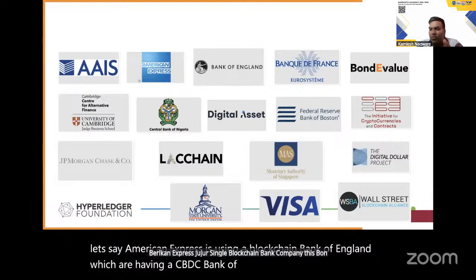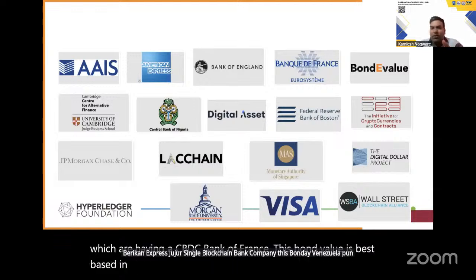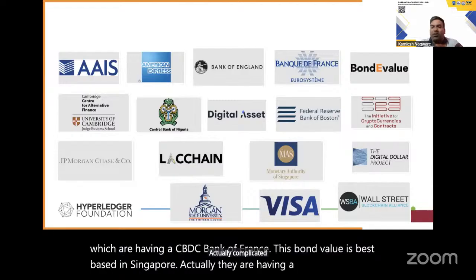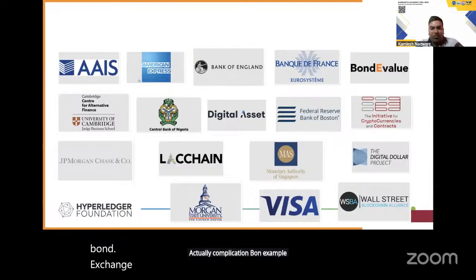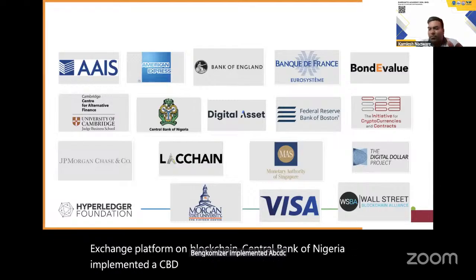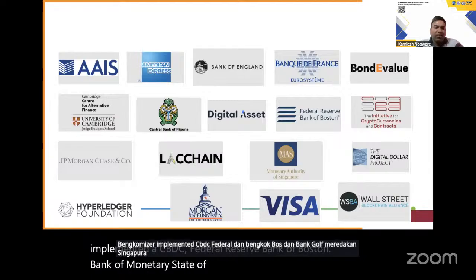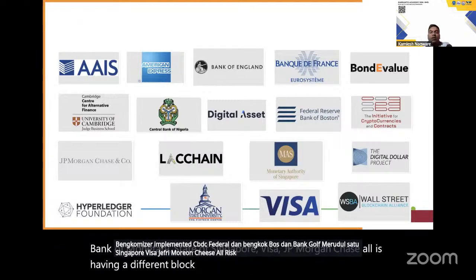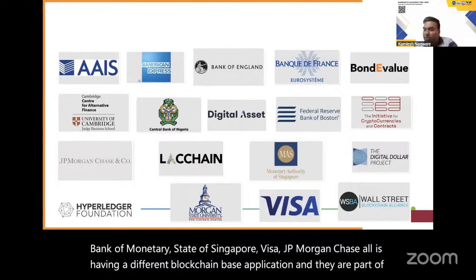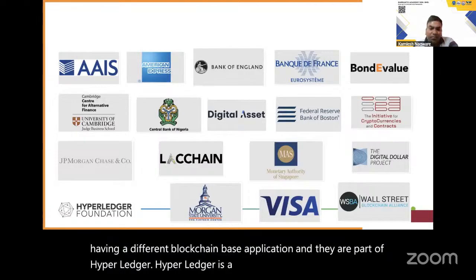Bondi is based in Singapore, and they have a completely 100% bonds exchange platform on blockchain. Central Bank of Nigeria implemented a CBDC. Federal Reserve Bank of Boston, Monetary Authority of Singapore, Visa, JP Morgan Chase, all have different blockchain-based applications, and they are part of Hyperledger. Hyperledger is a private permissioned blockchain.